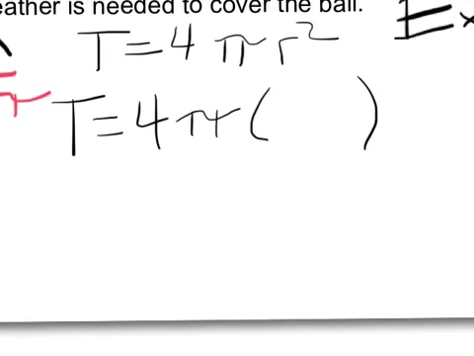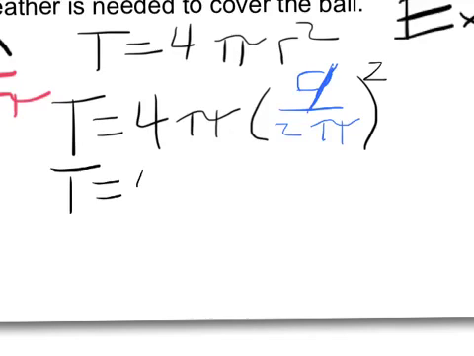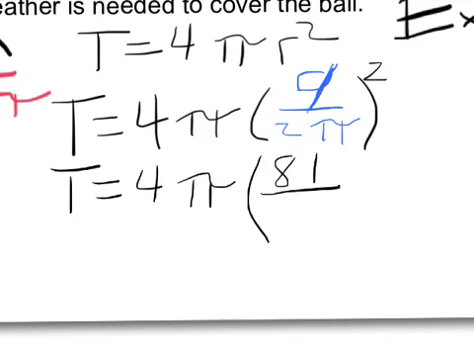So let's plug in a 9 over 2 pi. I know, my 9's ugly. And don't forget to square it. Okay, so we get T equals 4 pi, and 9 squared is 81. And 2 pi squared is 4 pi squared. That's an important part. You got to make sure you put a pi squared there.